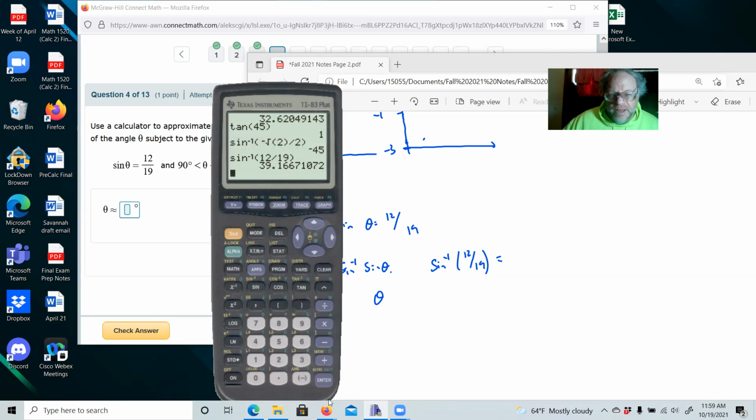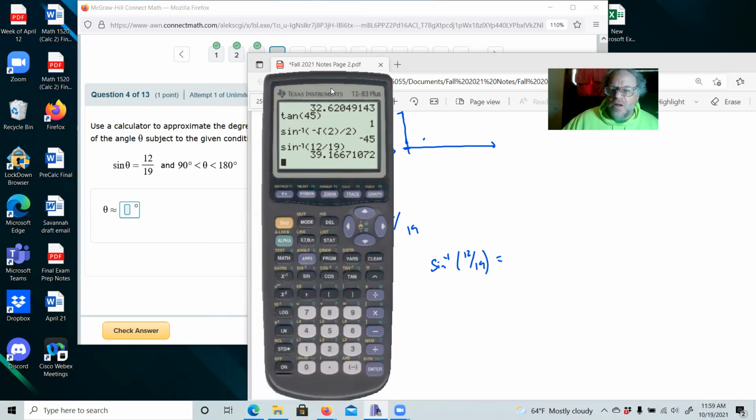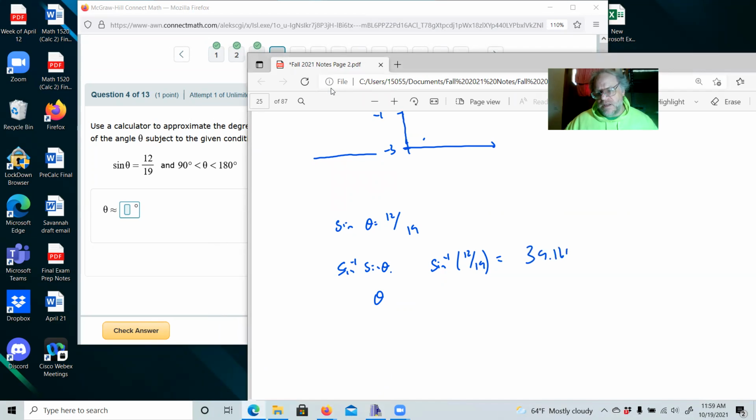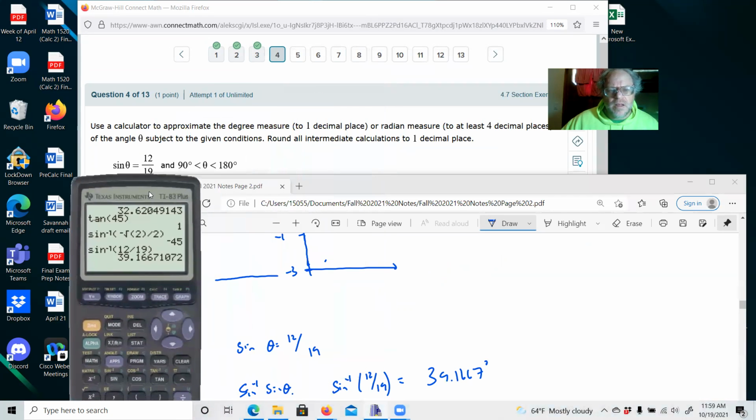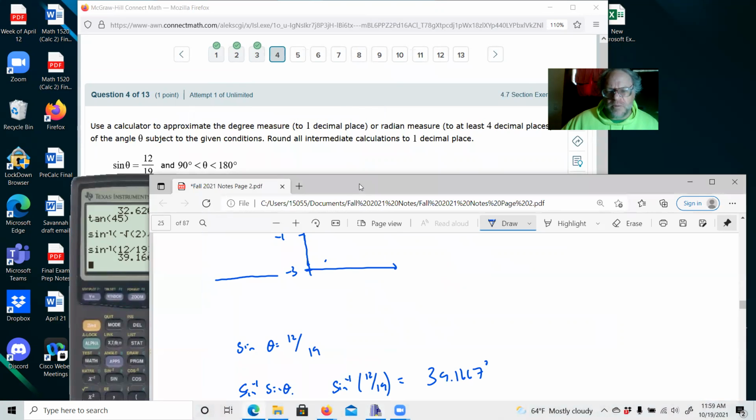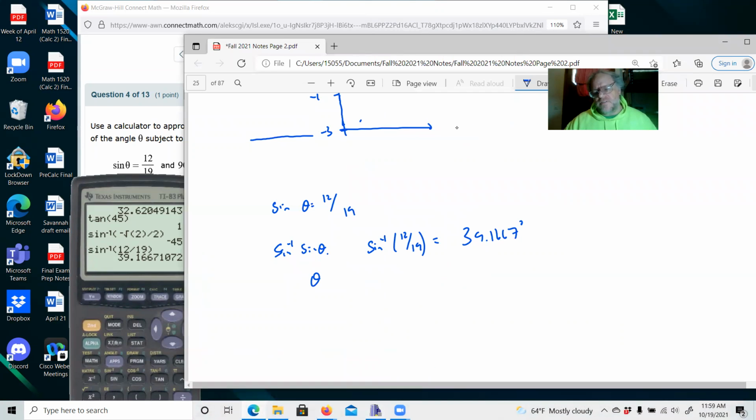And I will go ahead and do that. Okay, and they said 39.1667 degrees. Okay, how many decimal places do they want? Right. One decimal place. Okay, so this is 39.2 degrees.